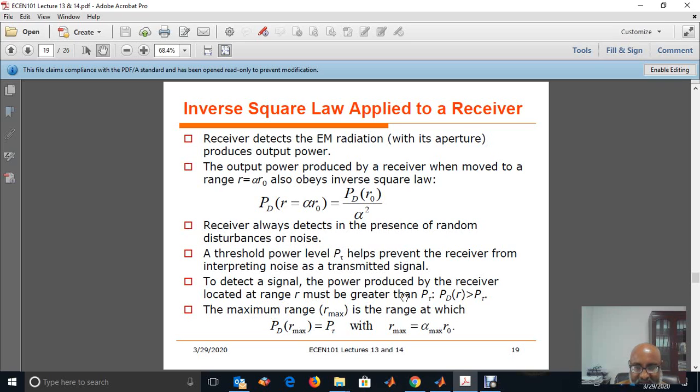To detect a signal, the power produced by the receiver located at a distance r must be greater than the threshold power, P tau. So the maximum range of communication can be calculated from the threshold power. The power received at the maximum distance is P tau, the threshold power. That means the maximum distance is alpha max times r naught.